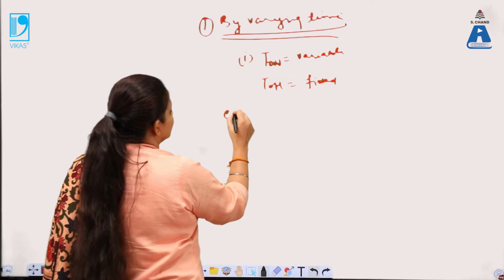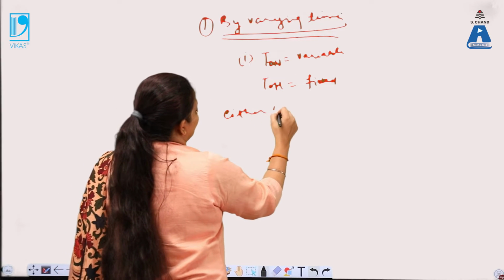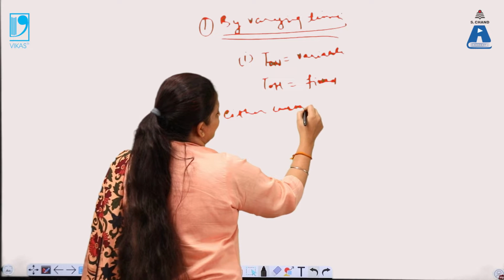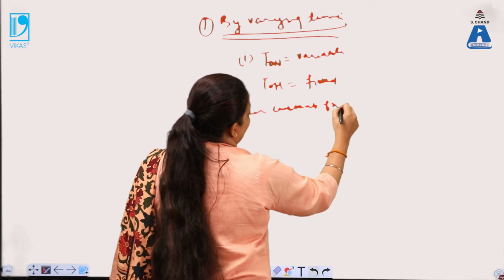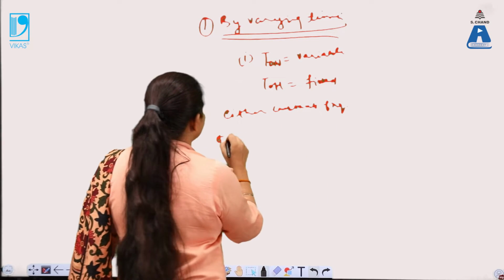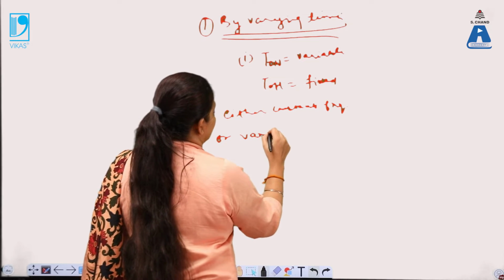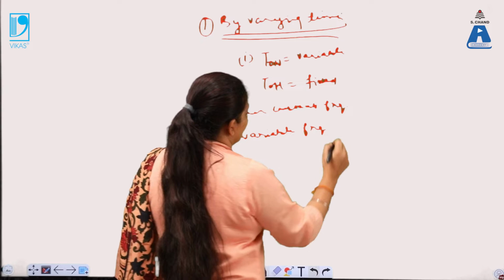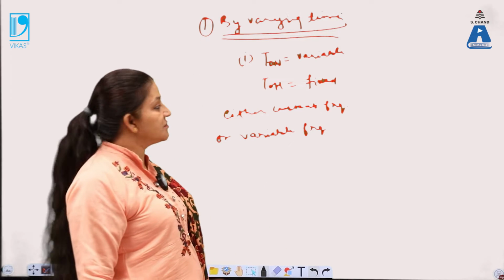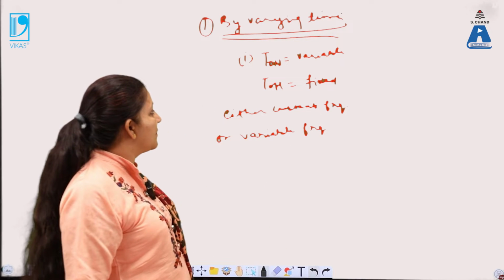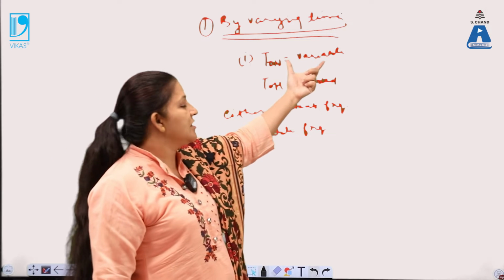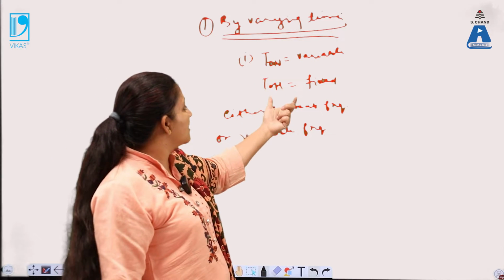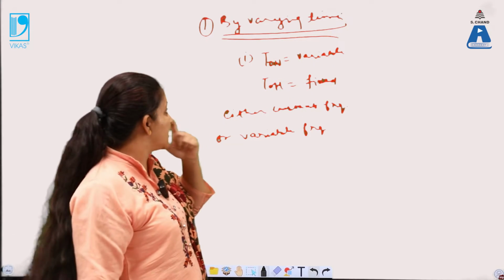So either it is constant frequency or it is variable frequency. Whether it is the constant frequency part or the variable frequency part, the T on is always variable and the T off is fixed in this case.